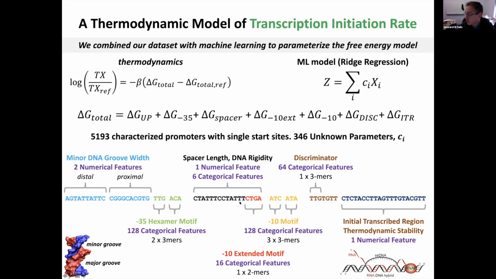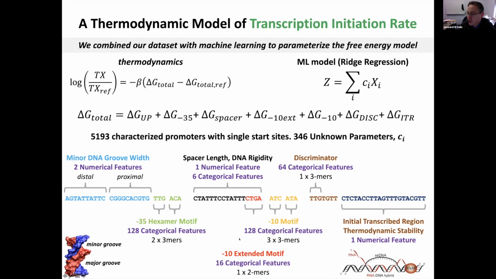And so here we chose to write them down as, for the -10, 2 3-mers, and for the -35 hexamer, it's also 2 3-mers, a 3-mer being a 3-nucleotide sequence, which means there's 128 possible -35 sequences, 128 possible -10 sequences. Therefore, we have 256 coefficients, okay, for describing the interactions between the -10, -35, and RNA polymerase / sigma factor 70.